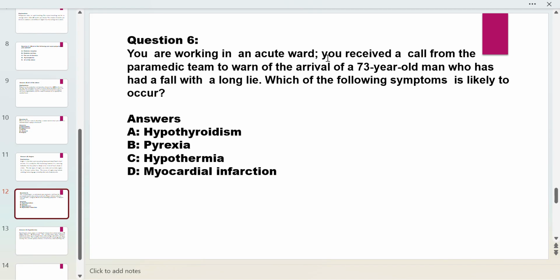You received a call from the paramedic team to warn you of the arrival of a 73-year-old man who has had a fall with long lie. Which of the following symptoms is likely to occur? A, hypothyroidism, pyrexia, hypothermia, myocardial infarction. Give it a minute.